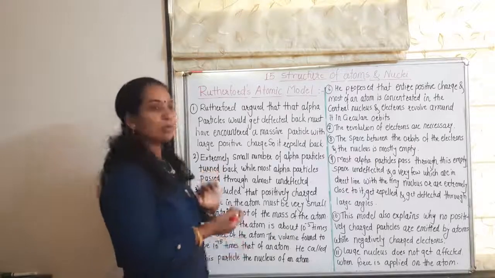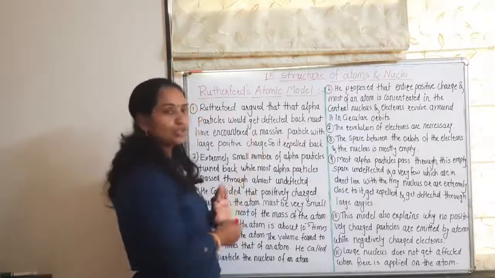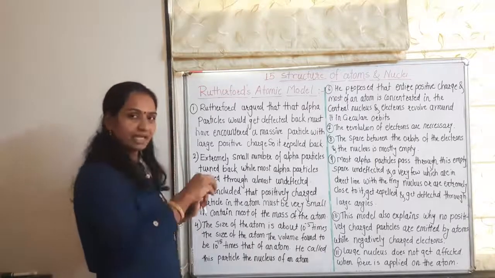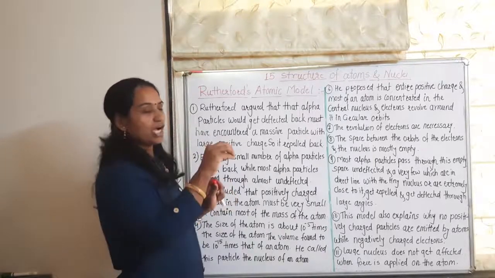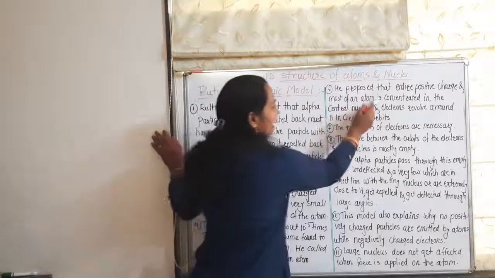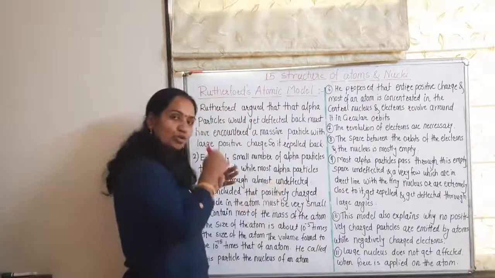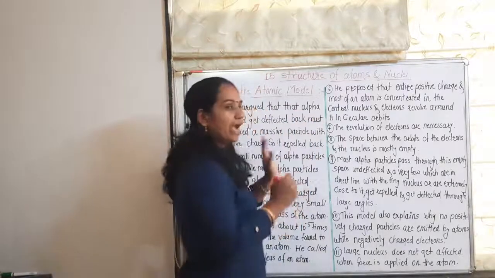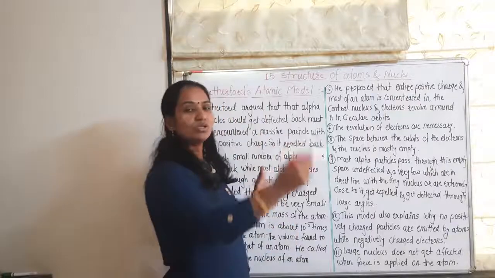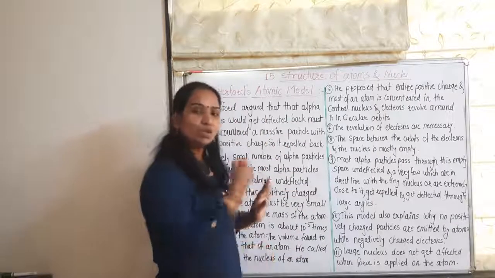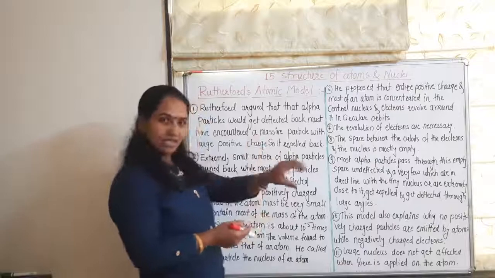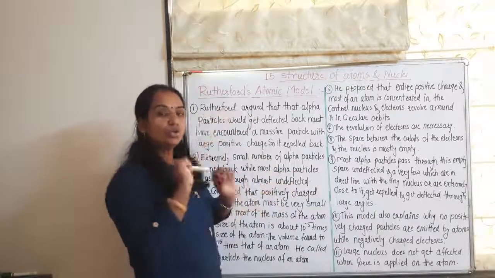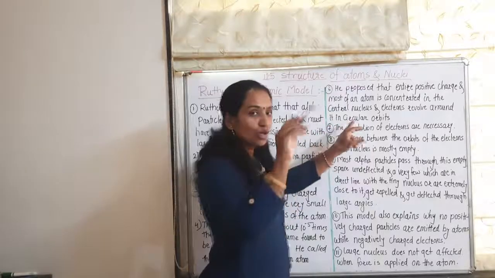He also proposed that the entire positive charge and most of the mass of the atom is at the center, the nucleus, and electrons revolve around the nucleus in circular orbits.